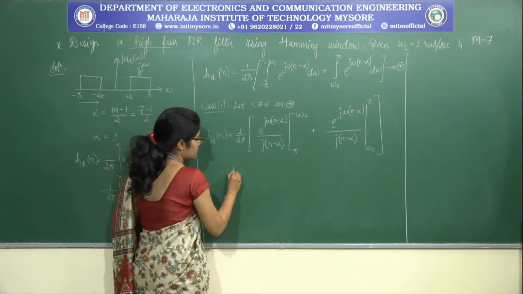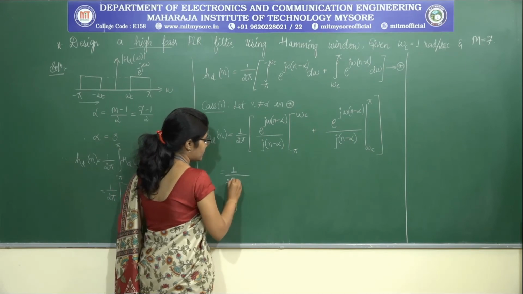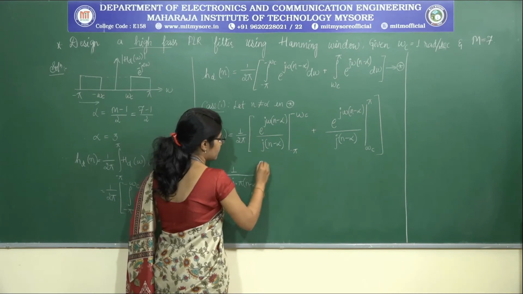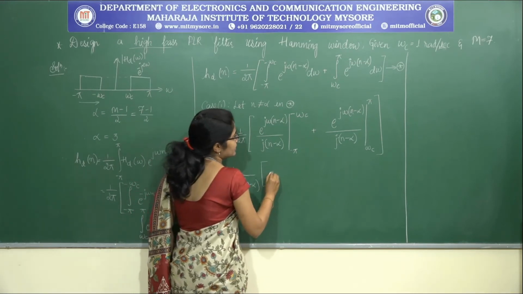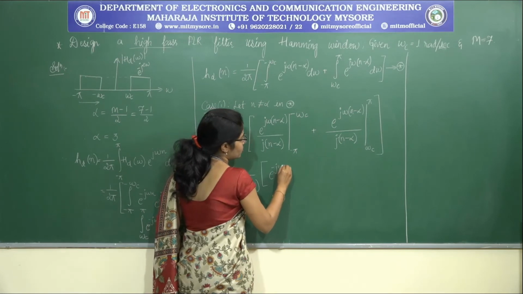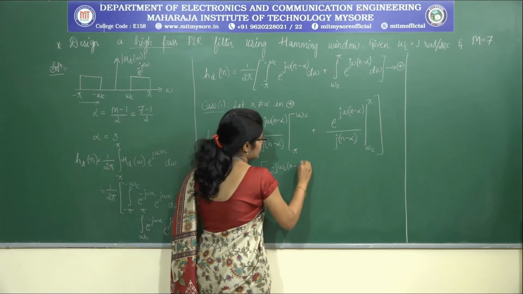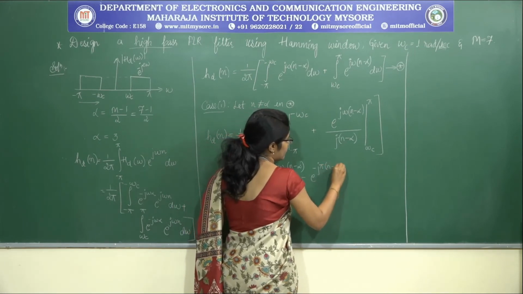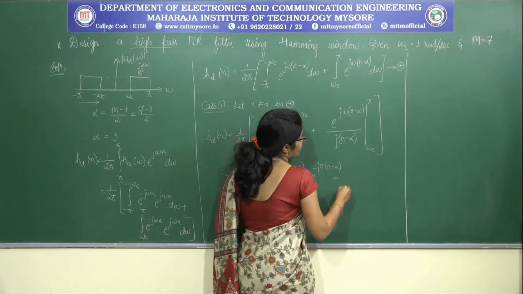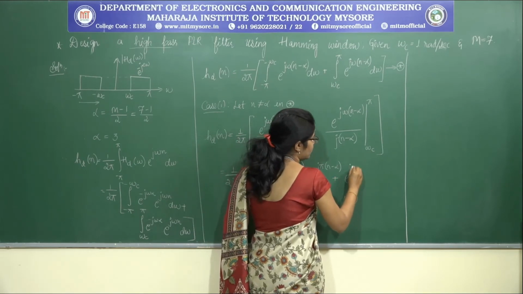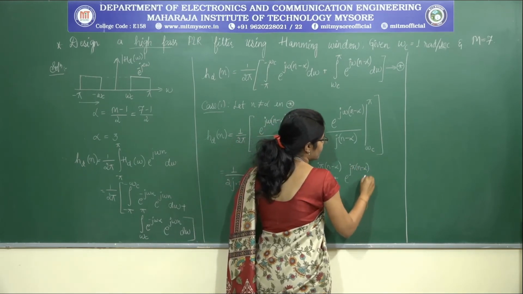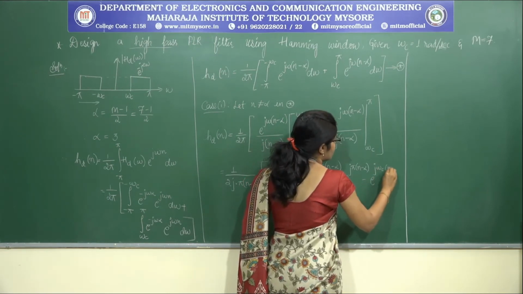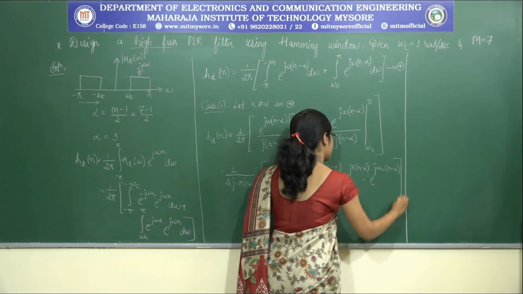So the equation for h_D of n will be equal to 1 by 2jπ(n-α) into [e^(-jω_c(n-α)) - e^(-jπ(n-α)) + e^(jπ(n-α)) - e^(jω_c(n-α))].